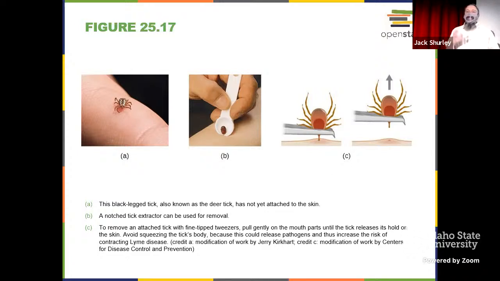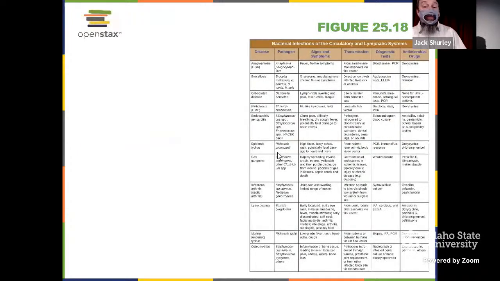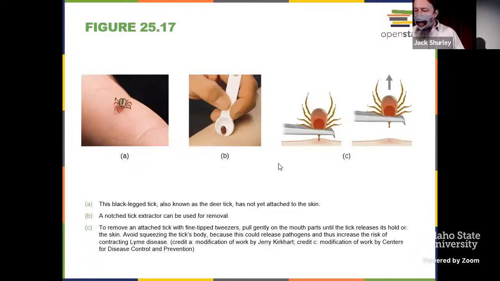You don't want to grab it and squish that tick and potentially inoculate yourself with lots of organisms. You don't want to break the mouth parts off and have them left within your skin. That can lend to infection as well. Not necessarily the bacteria that we're thinking about, but other stuff that is potentially on it.